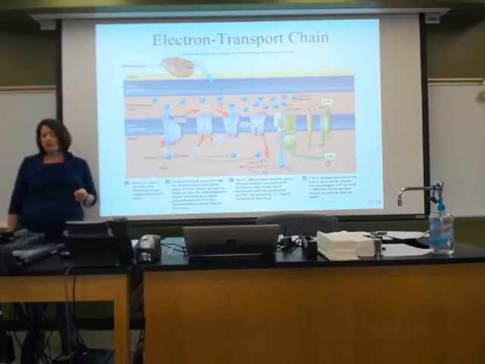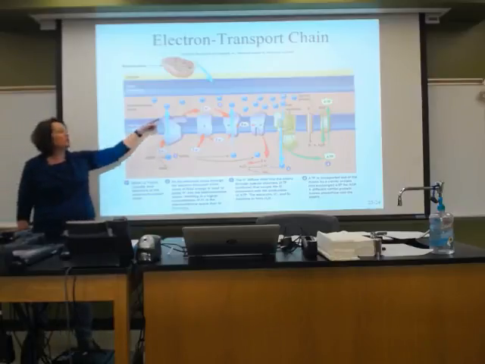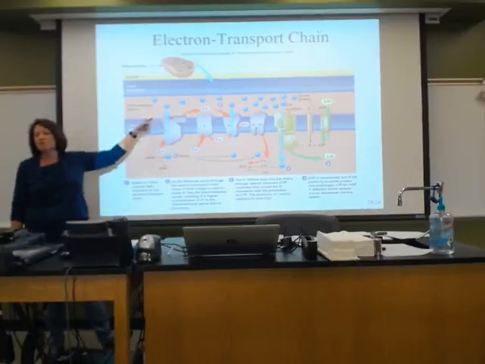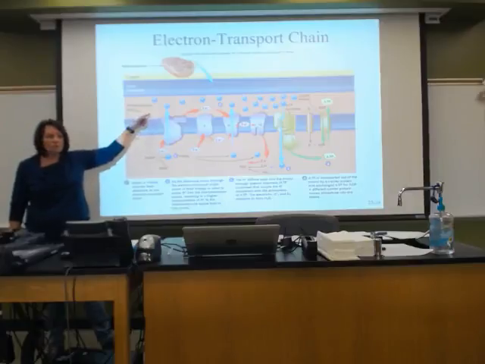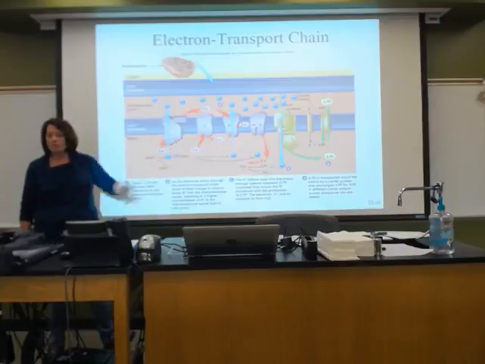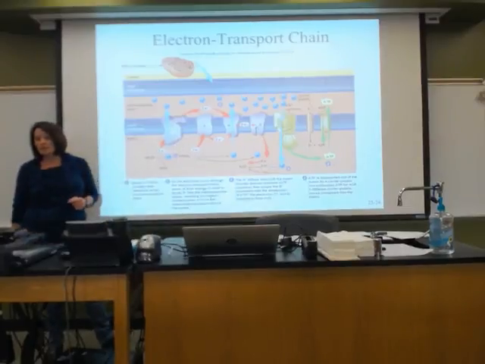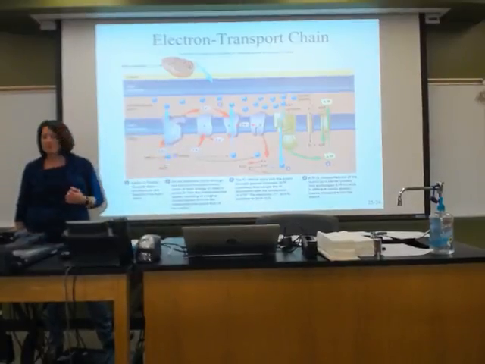From an area of high to low. So if I build up a concentration gradient of the H pluses as those electrons bump down that electron transport chain, the only way for the H plus to cross back over is to flow down the synthase, and when it flows down, it gets converted to ATP.